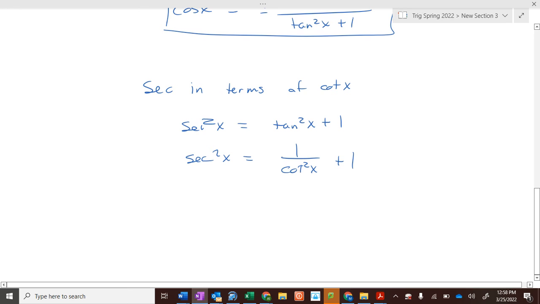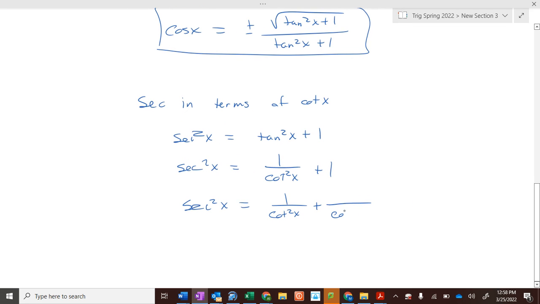Then I would like to take the square root of each side, but it's too complicated on the right side. So what I should really do is get a common denominator so there's one fraction there. What's my only denominator on my right side?